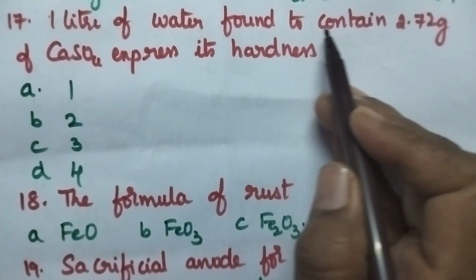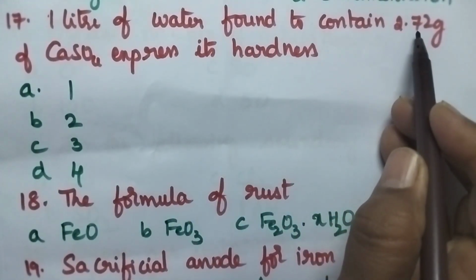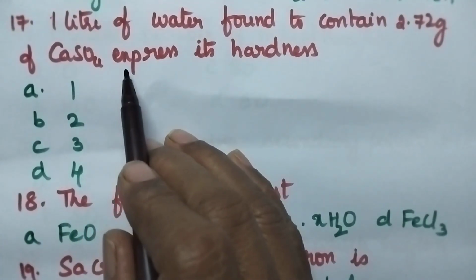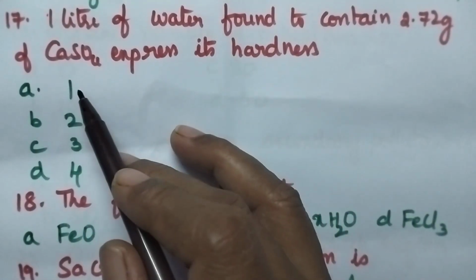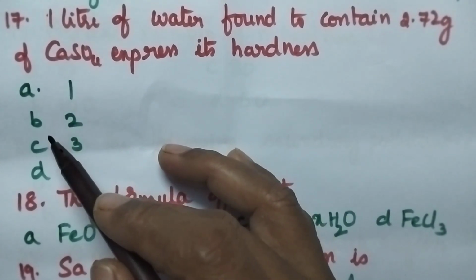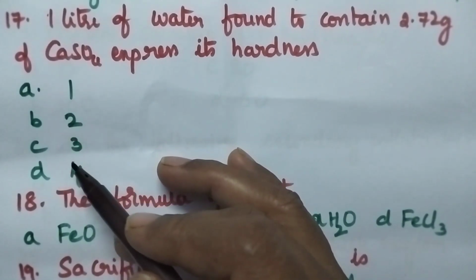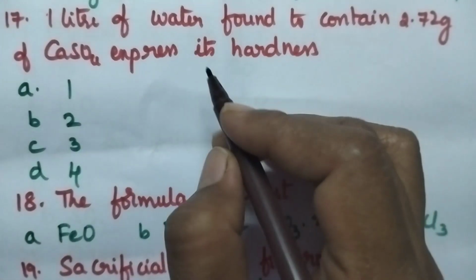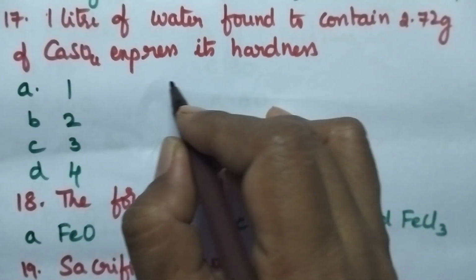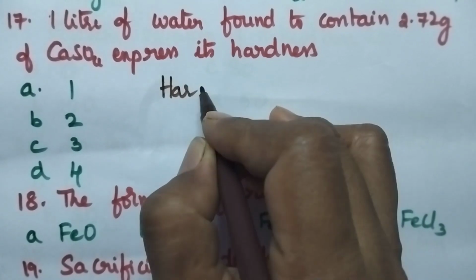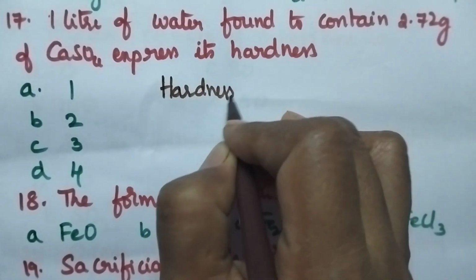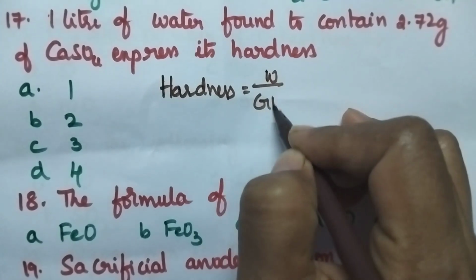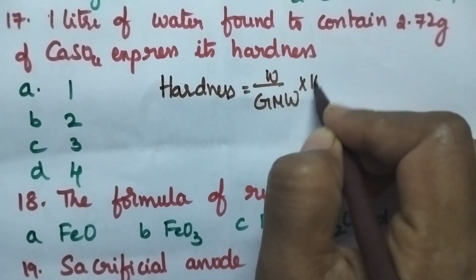1 liter of water is found to contain 2.72 gram of calcium sulfate. Express its hardness. A. 1, B. 2, C. 3, D. 4. So, while calculating the hardness, always hardness should be expressed in terms of calcium carbonate equivalents, and the formula is hardness is equal to weight by gram molecular weight into 100.